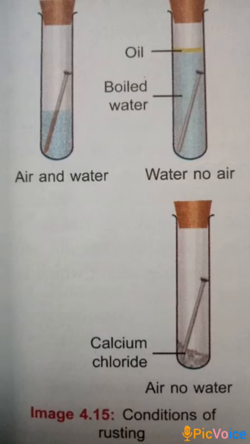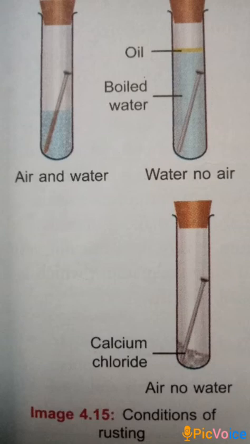Let's see what are the conditions necessary for rusting. We can investigate it through an activity. We can take 3 nails in 3 test tubes. In test tube A, we have added some distilled water and put the nail.